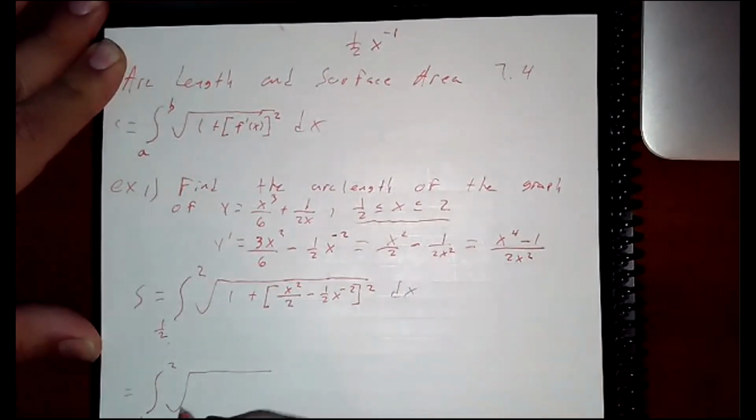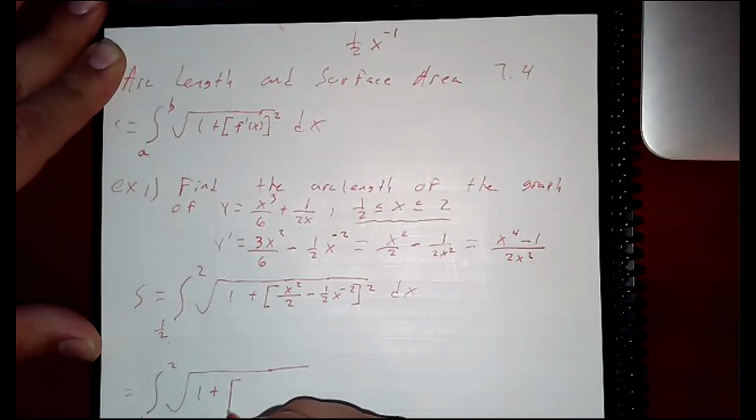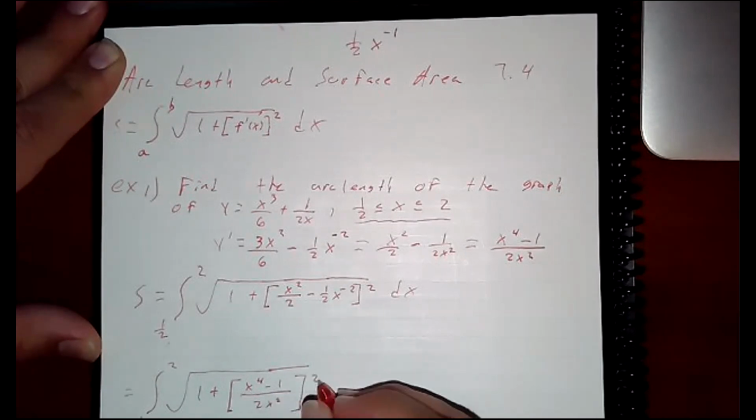We got the dx there. 1 plus x to the 4 minus 1 over 2x squared, everything squared.